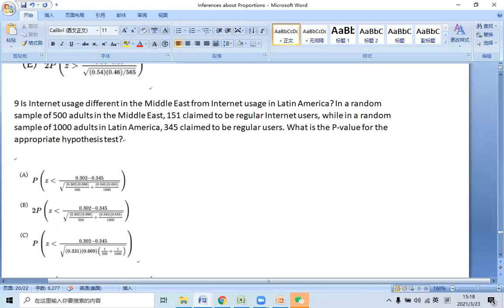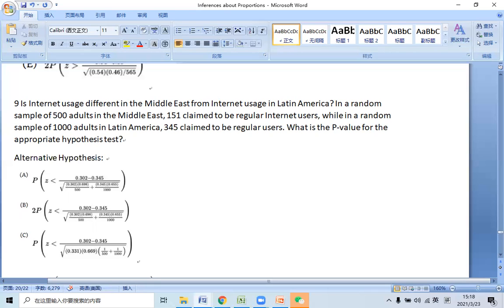Now, do you want to use a two-tailed or one-tailed test? Probably two-tailed. The research or alternative hypothesis would be that the proportion of internet users in Latin America is different from the proportion in the Middle East.